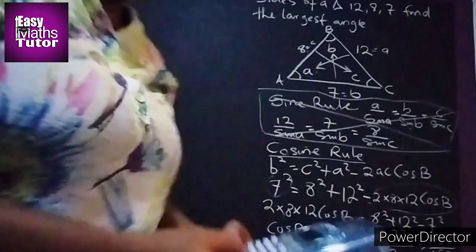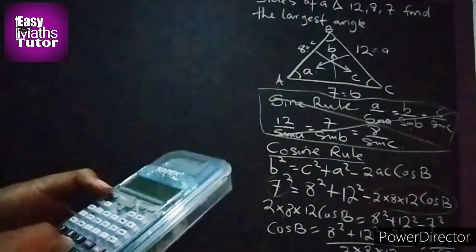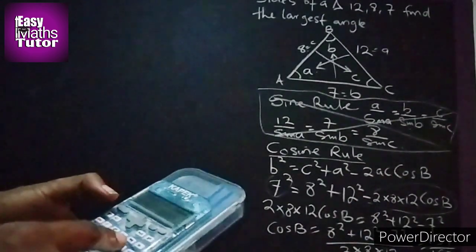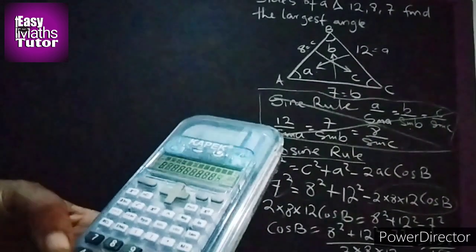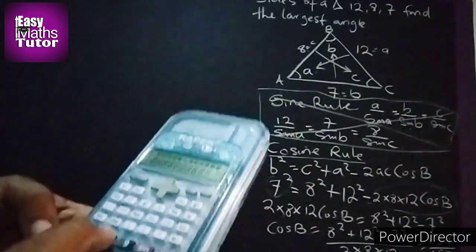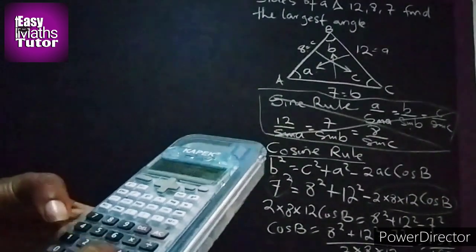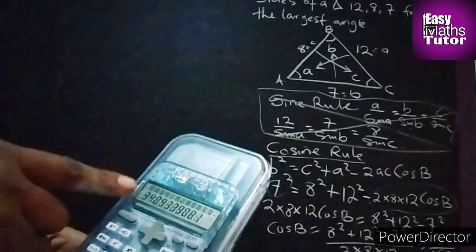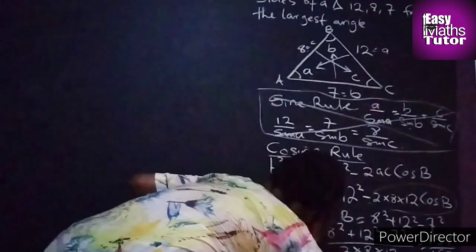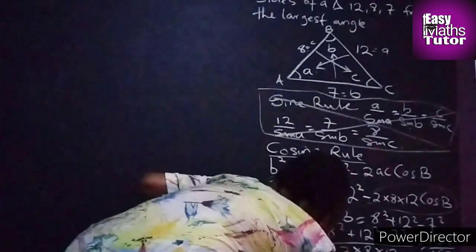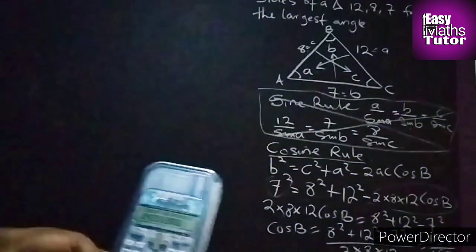So arc cos of 0.828125 gives angle B as 34 degrees.